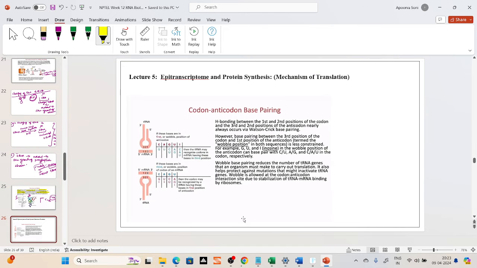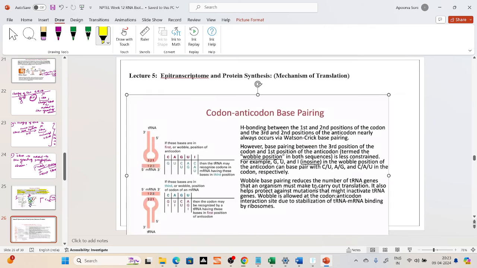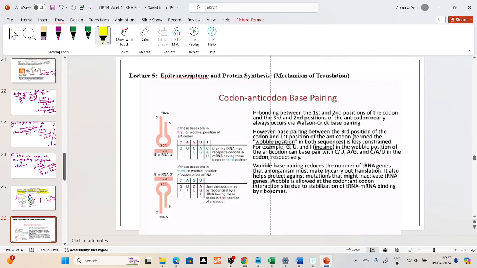Then codon-anticodon base pairing. See, now pay attention here. This is anticodon and this is codon.